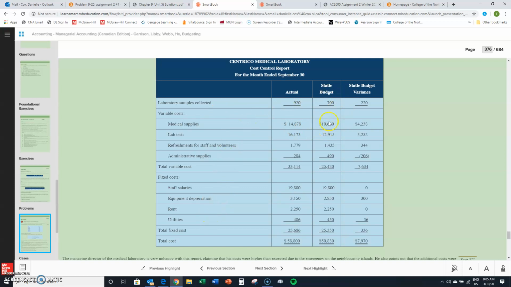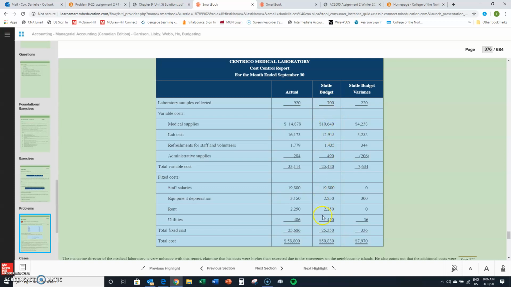For variable cost, medical supplies was 10,640, and that was for 700 units. If you divide the 10,640 by 700 units, you'll get the cost per unit because it's a variable cost. Lab tests, the same thing. You take the total amount and divide it by the number of samples in the static budget. You do that for all of the variable costs.